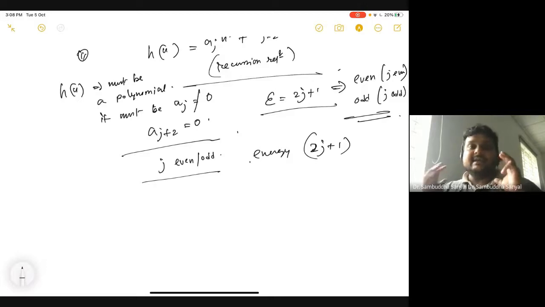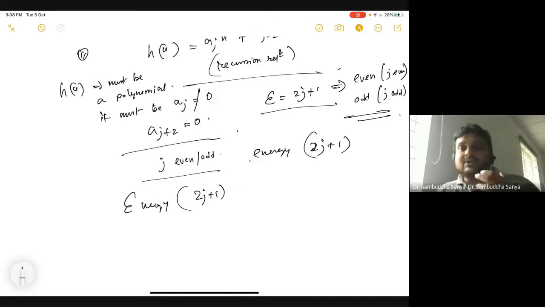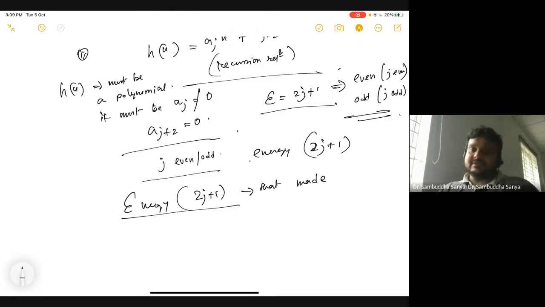Now, if I have a given energy 2j plus 1, the same choice will not terminate the odd solution. So it is either one of the solutions is an eigenstate, the other is not. The 2j plus 1 that made the even solution terminate will not do the same for the odd.